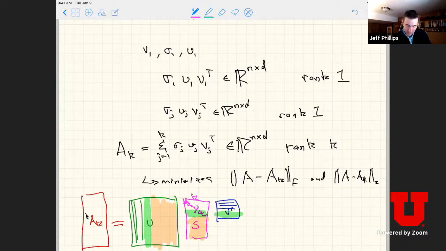It's the same thing as I wrote just above, but this is a pictorial way of looking at it. By zeroing out the singular values in this decomposition and multiplying it back together, I again get a rank k matrix, the same rank k matrix, by zeroing out all these other components, which were less meaningful.